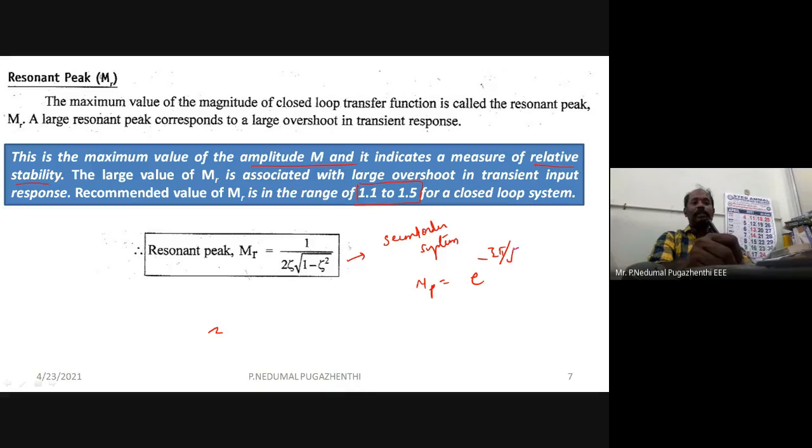Minus zeta pi by square root of 1 minus zeta squared. You can see that this peak overshoot in time domain, this is a time domain specification, which is called peak overshoot.